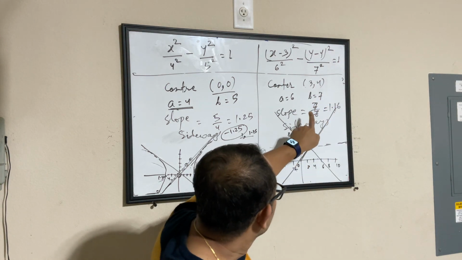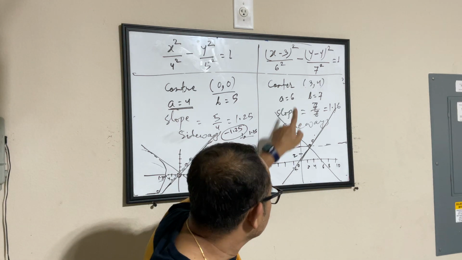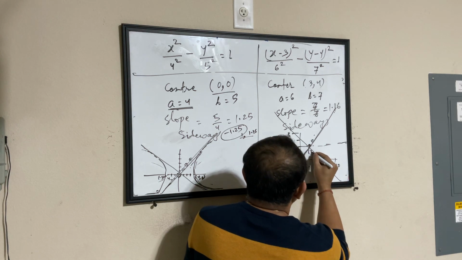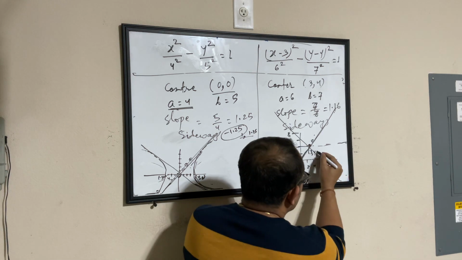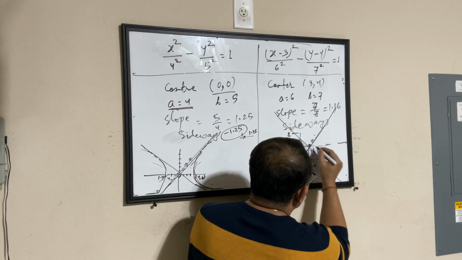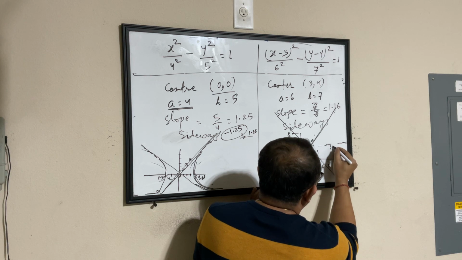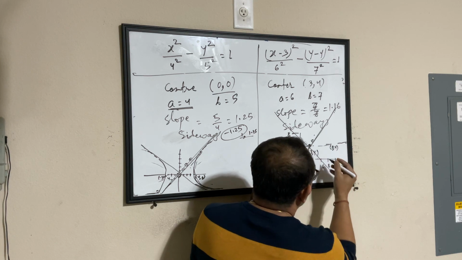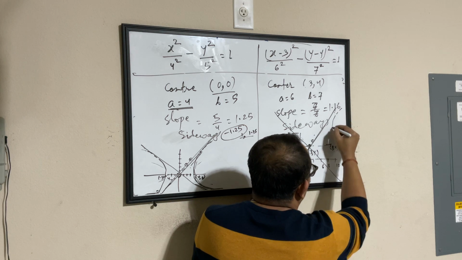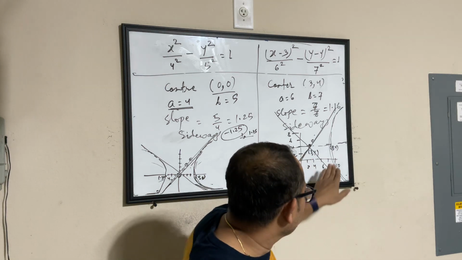Now, look at this. What is the A value? A is 6, and that is 6 from the center. So this is your coordinate 3, 4. This is 6 from the center. So you will move 3 plus 6, which is 9, somewhere here. 9, 4 will be one vertex of your hyperbola.